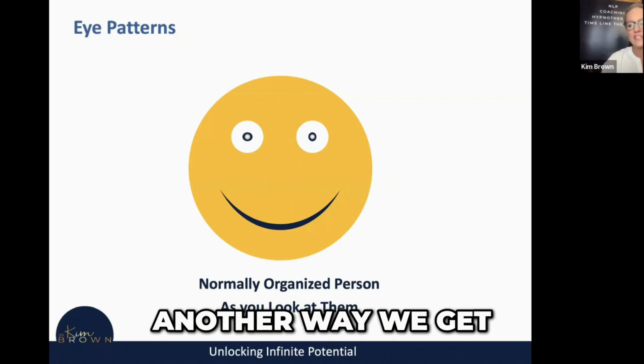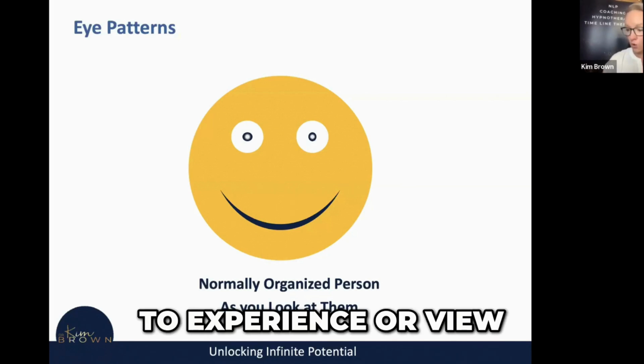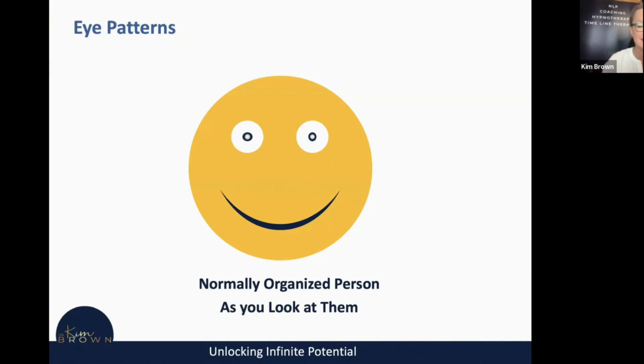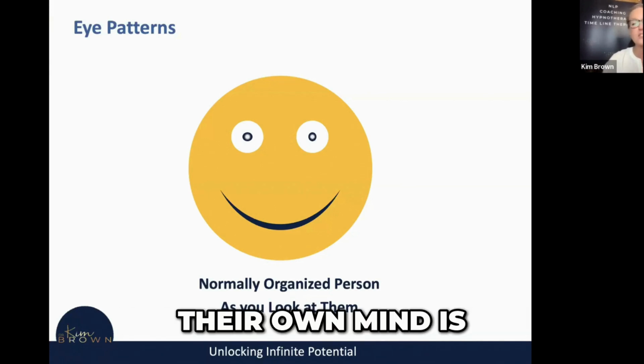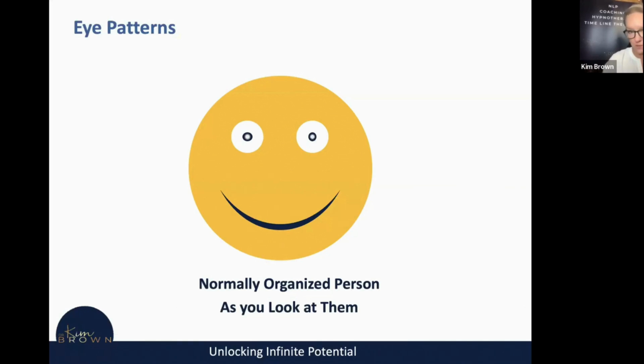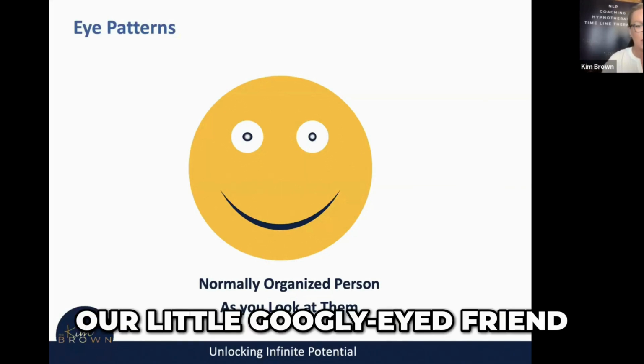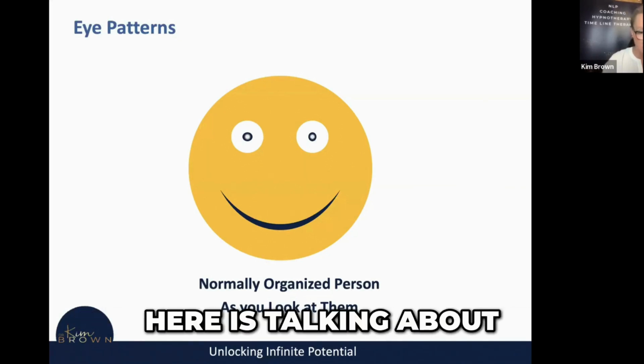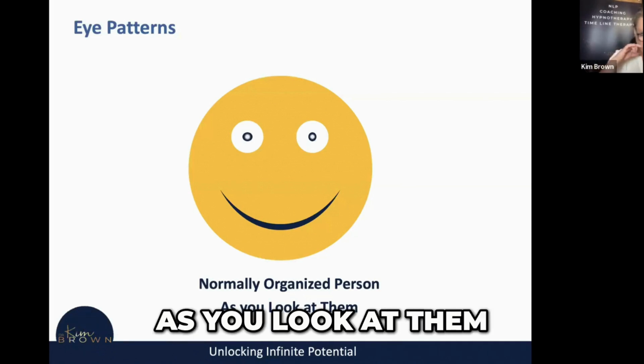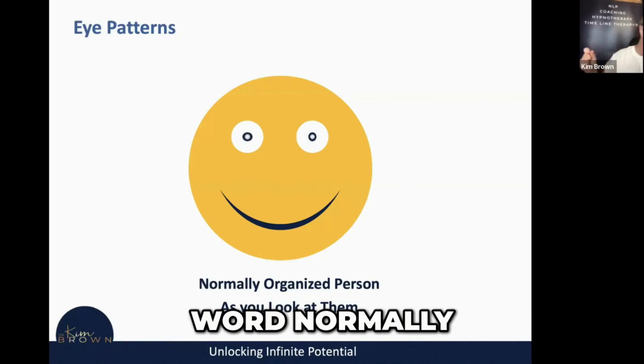Now, another way we get to experience other people and check what they're doing with their own mind is through the eye patterns. So our little googly-eyed friend here is talking about a normally organized person as you look at them. I don't like the word normally.